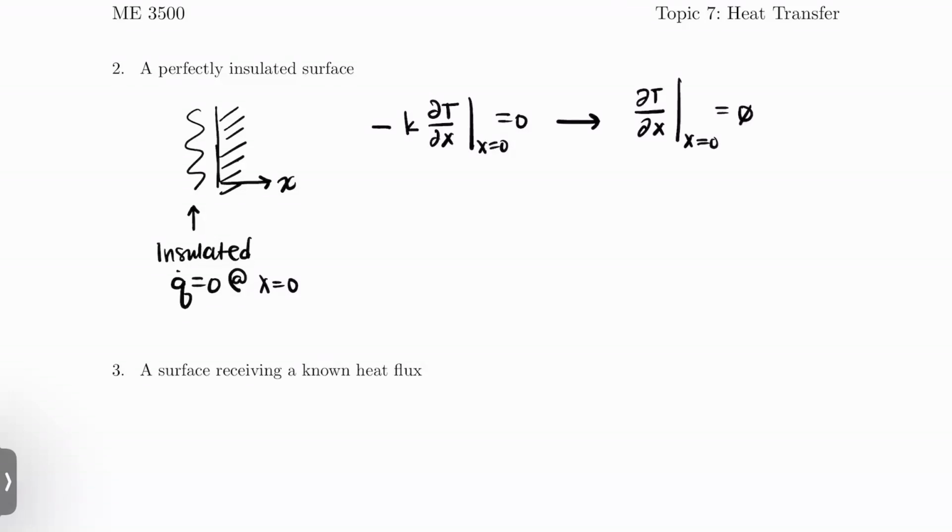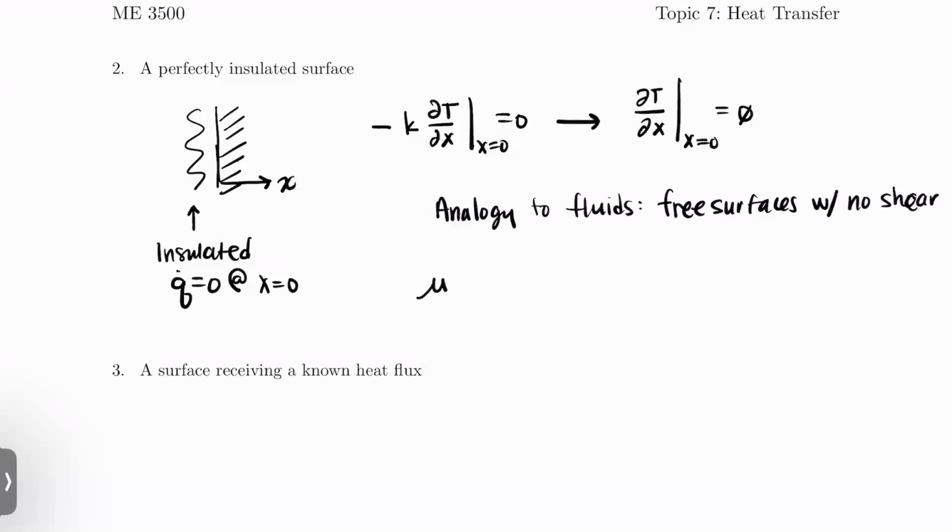This is the analogy to a free surface for fluids where we said shear stress was 0. Same idea. So the analogy to fluids would be free surfaces with no shear, which would mean that mu du dy is equal to 0 at some place.